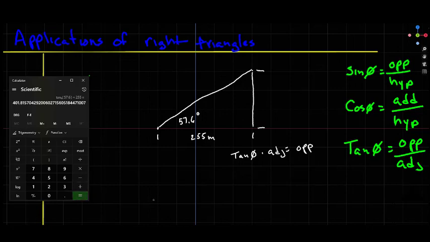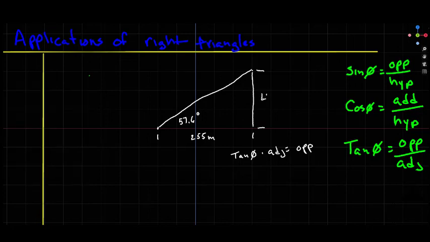And we get 401.81 meters. We were only given 3 significant digits, so that's going to round us off to just 402.